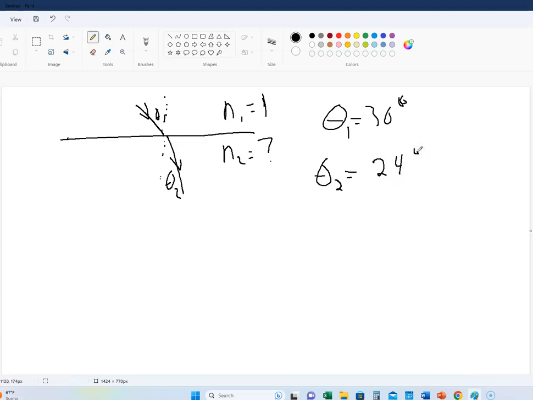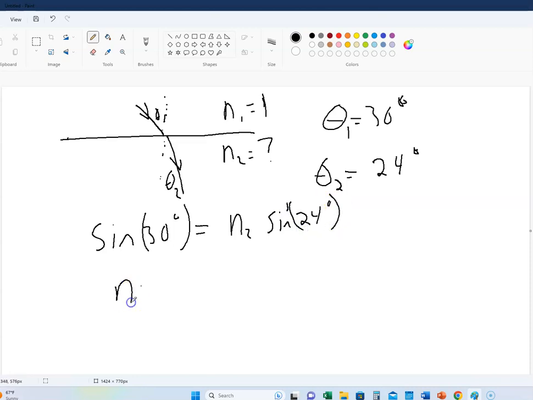So it's N1 times the sine of theta 1, so the sine of 30 degrees, make sure your calculator's in degrees, is equal to N2 times the sine of theta 2, which in our case is 24 degrees. That's what N2 is.